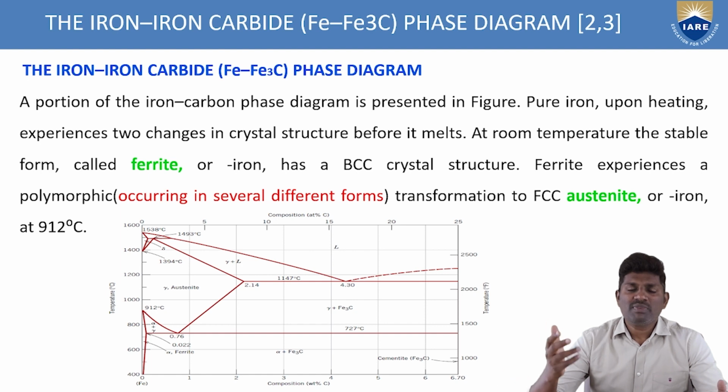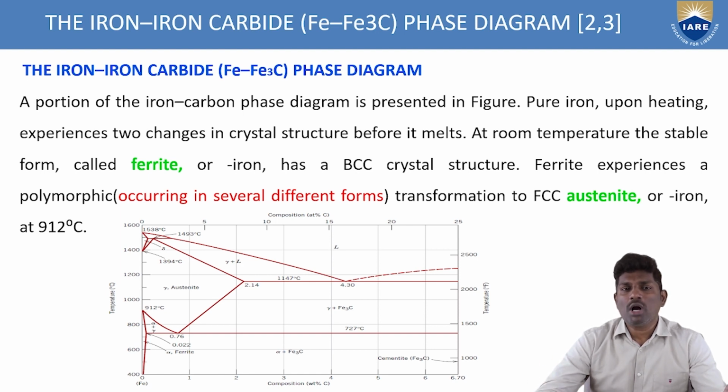Now, from the Gibbs phase rule, we discussed yesterday how to draw the phase diagrams with respect to the x and y axes. The x axis represents the composition and the y axis represents the temperature. The x axis has a variation of composition from 0 to 100.